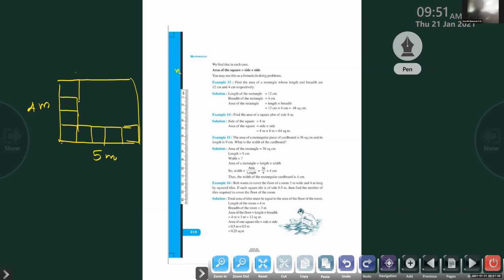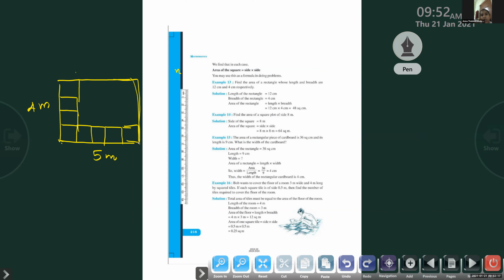How many tiles are required here? How will you find? Ma'am, 5 into 4. First of all, we have to find 5 into 4, the area of the whole floor. Area of the floor, 20 meter.